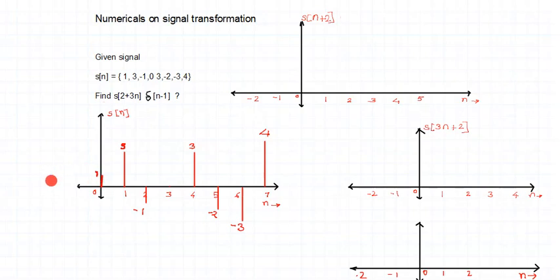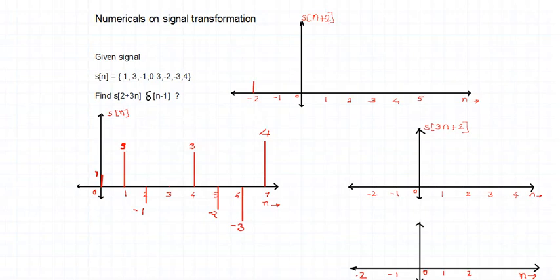So it starts at -2, right? It starts at -2. So the first sample we will be shifting to the left hand side by 2 units, and we will draw this signal at -2. So at -2 we will draw the first sample whose magnitude is 1. So I have drawn the signal here.